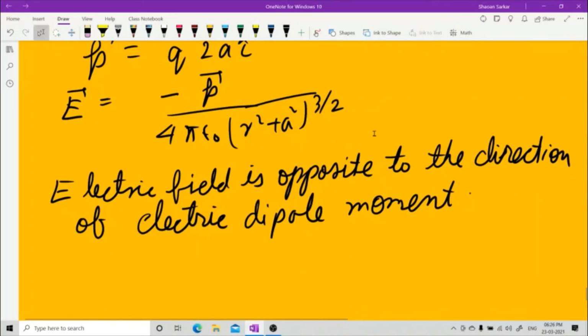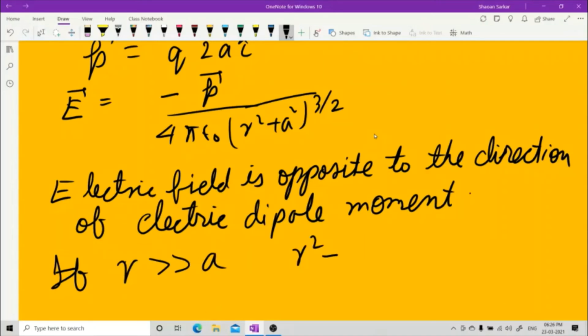So here, if R is very, very much greater than A, then R square plus A square tends to R square. This is the thing. Now put the value of this electric field here.